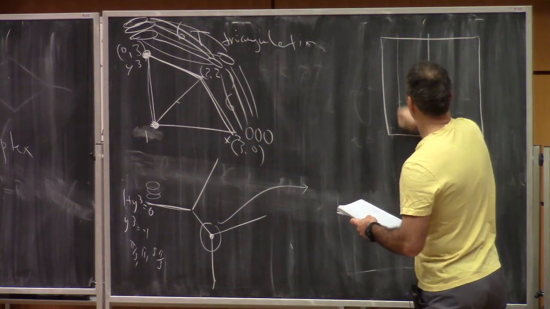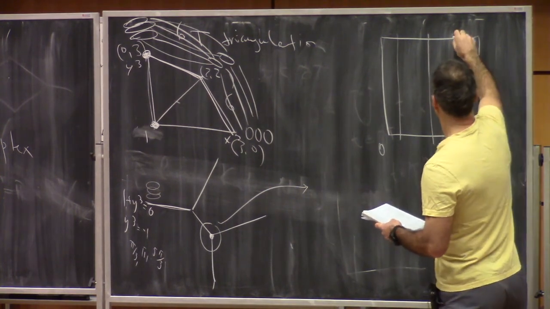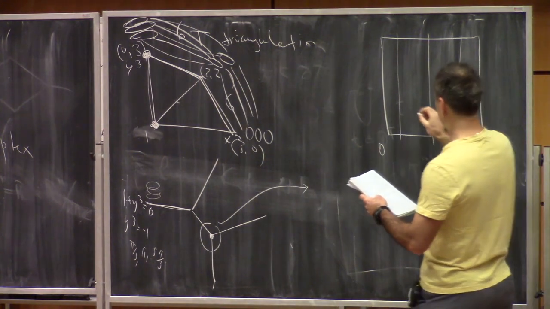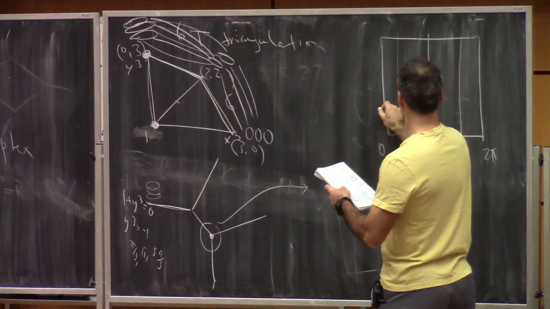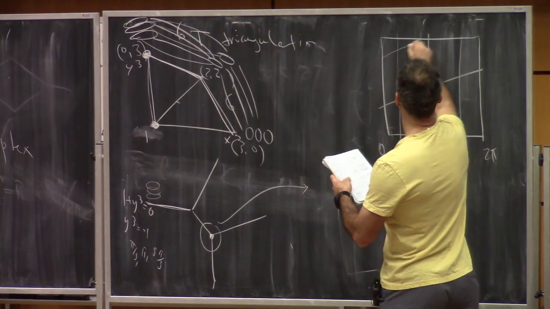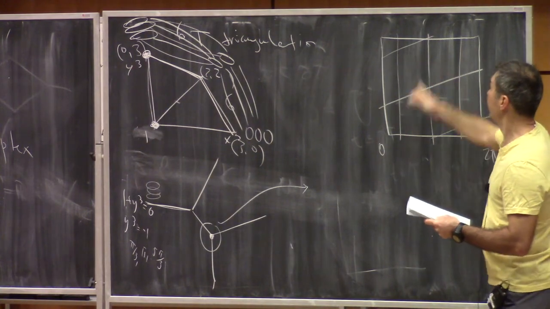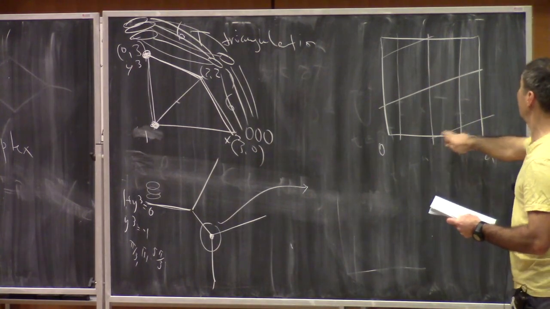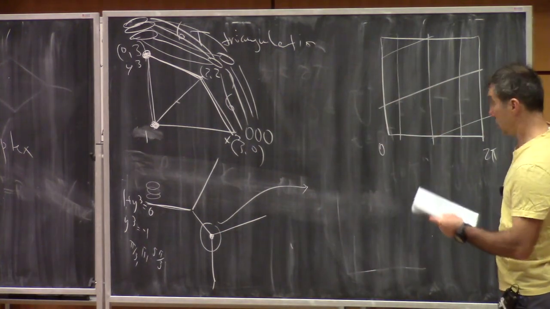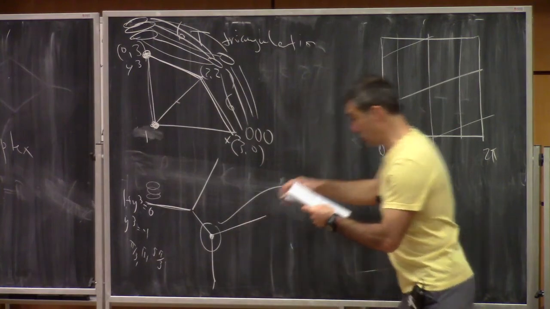Pi, pi over 3. So this is from 0 to 2 pi. I have fibers on this. This is 1 fiber. So there are 3 vertical circles. There is 1 circle which is kind of parallel to this edge, and there are 2 circles parallel to this edge. Let me try to draw.